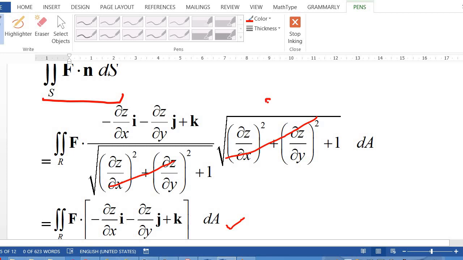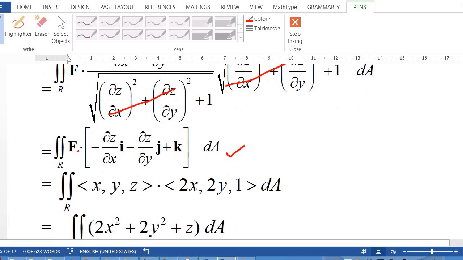This is the formula for one unit of surface area of a paraboloid, or any surface given by z equals g(x,y). The square roots cancel, so you have F dot negative del z del x i, negative del z del y j, plus k, dA over region R.